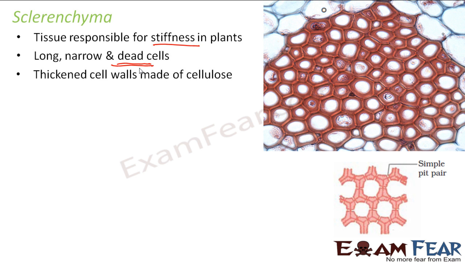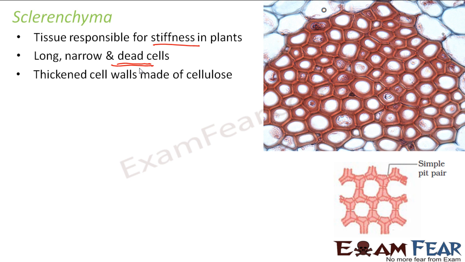Thickened cell walls made of cellulose. Now here you want even stronger cells, so the cell walls should be very thick, right? In collenchyma also, the cell walls were a little bit thickened because there also you wanted to provide some support to the plants. So the more stiffness you want, the stronger the cell walls should be.